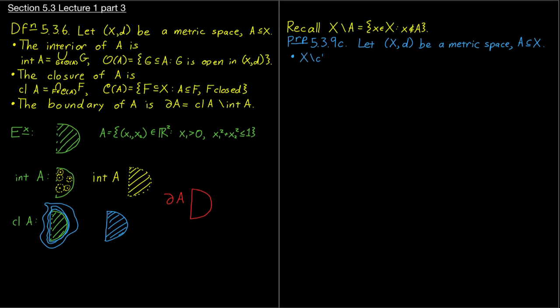X minus the closure of A, that's the same thing as the interior of the complement of A. So everything that you want to think of as being inside the complement is precisely the stuff that's not in the closure of A. And similarly, the complement of the interior is the closure of the complement. And the boundary of A is everything that's in the closure of both A and its complement.